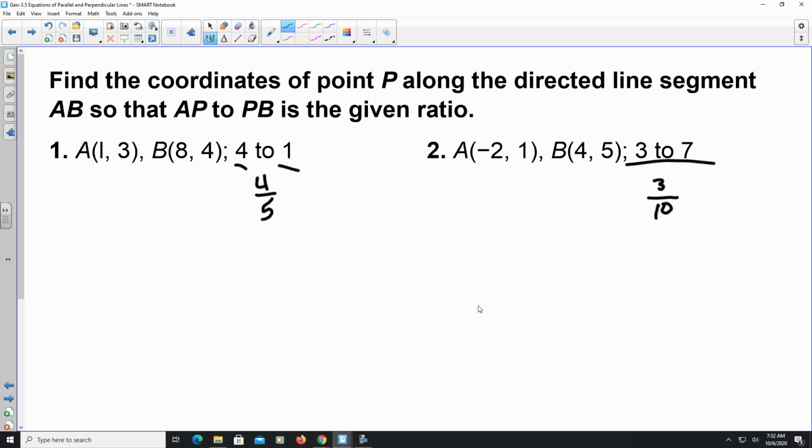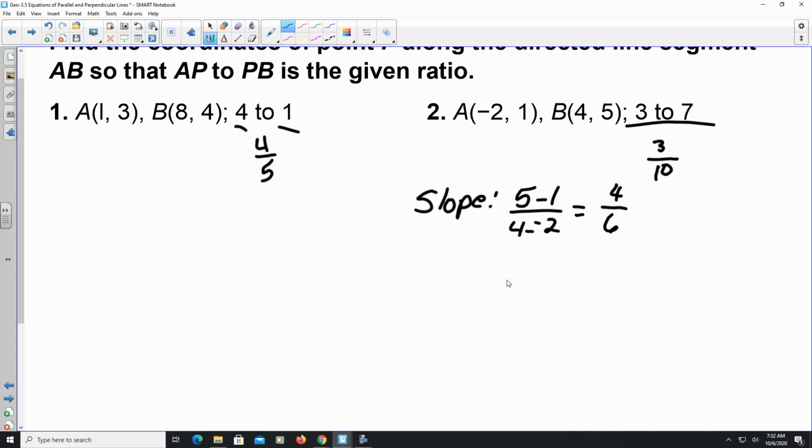So first thing we got to do is find the slope. So I find the slope here, and it's going to be, say, 5 minus 1 over 4 minus a negative 2, and that gets us 4 over 6. So again, don't put it in lowest terms. We need those values to help us find our x and y coordinates.